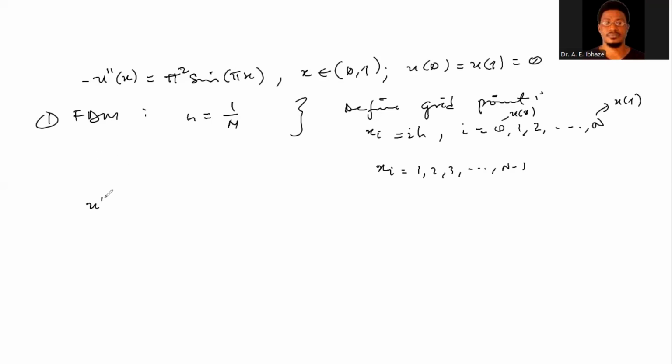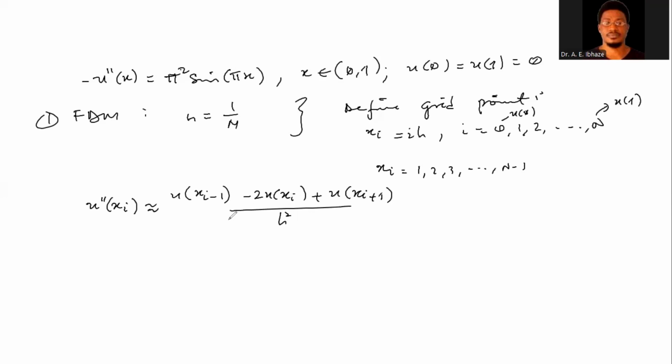So we'll now define the approximation. u_xx at x_i is approximately u(x_{i-1}) minus 2u(x_i) plus u(x_{i+1}), divided by h squared.